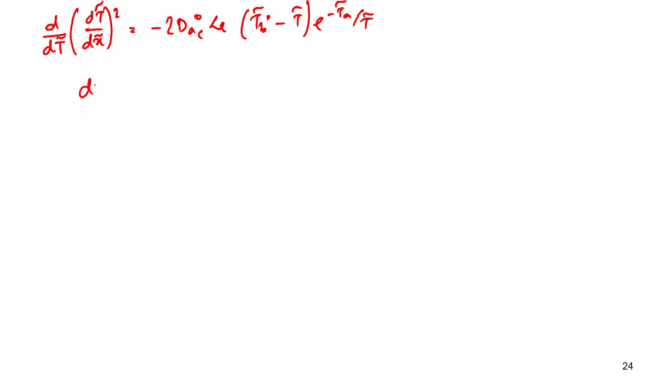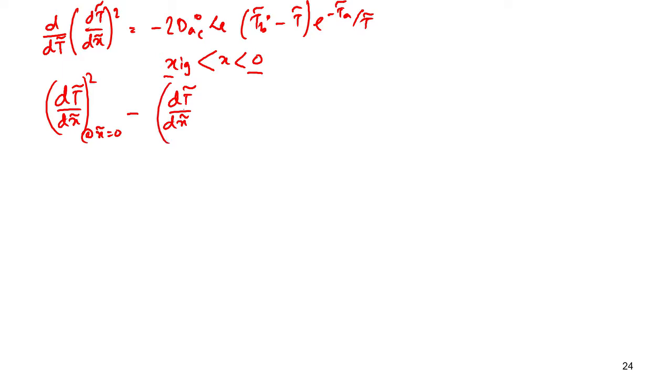And then if we integrate this between x ig and 0, from here to here, if we integrate, from x ig from T ig tilde.